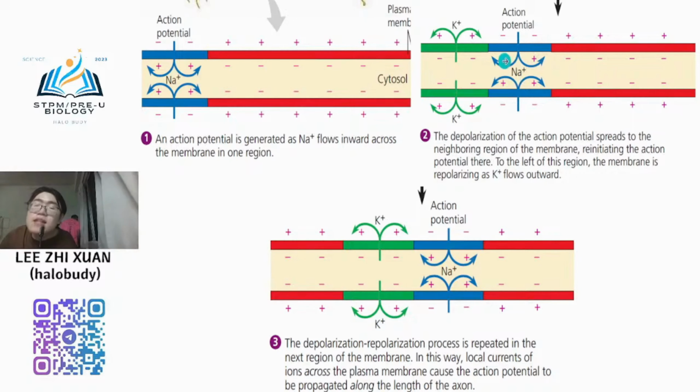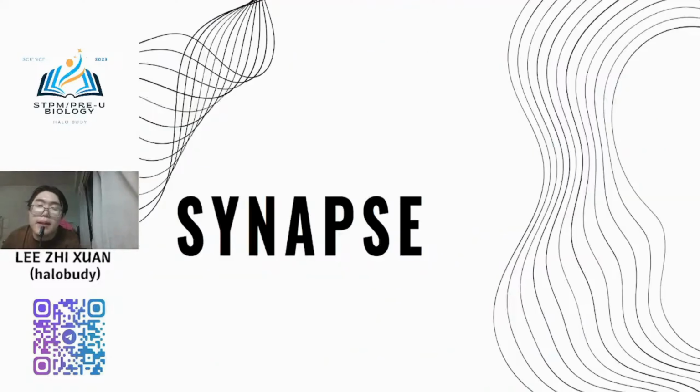At the B region, it just continues the similar action potential from A, meaning that the membrane potential for the B region is similar to A. If A is 30, then B is also 30. If A is 20, then B is also 20. Similar, no change. So you cannot say that the B region triggers a new action potential. If you say new action potential, then totally no marks, because it is a repeat only. So you need to remember that.